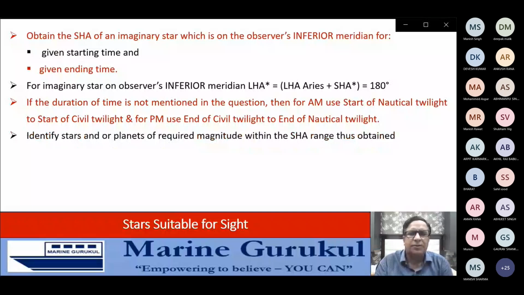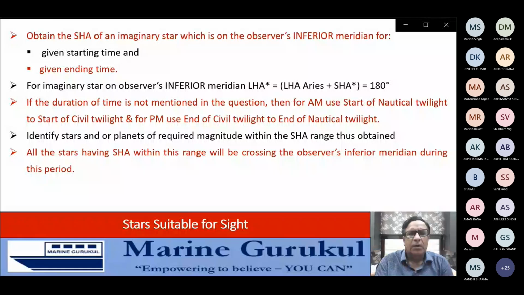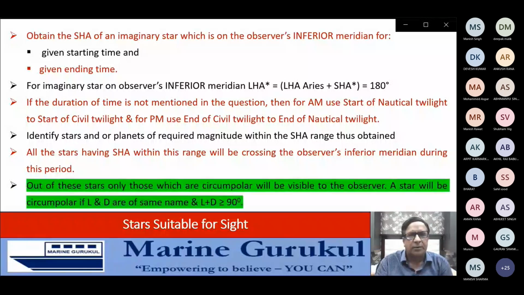Identify stars and planets of the required magnitude within the SHA range thus obtained, like the previous case. All stars having SHA within this range will be crossing the observer's inferior meridian during this period. It does not mean that they need to be visible. It does not mean they'll be suitable for sight. But yes, they would be crossing the observer's inferior meridian. Now, here comes an important change.